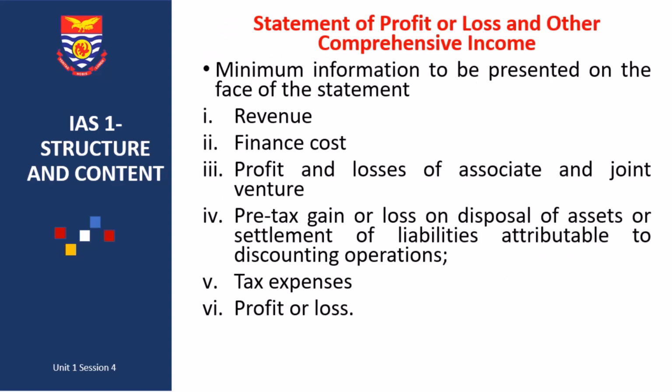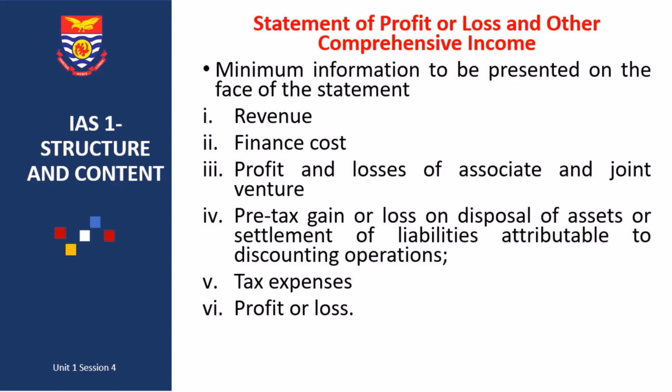Now, when we look at the statements of profit or loss and other comprehensive income, we are saying that the minimum information to be presented on the face of the financial statement includes revenue, finance cost, and profit or loss of associates and joint ventures. In a situation where you are presenting group accounts, or you have investments in other entities, you present whatever profit is attributable to you from the associate or joint venture.